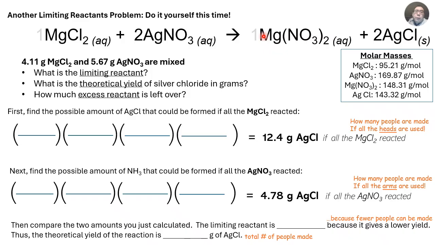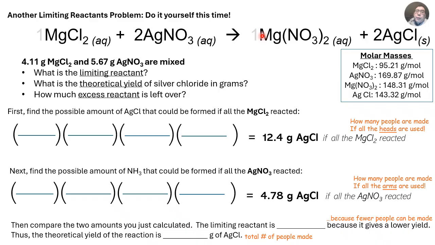Magnesium chloride reacts with silver nitrate to give us magnesium nitrate and silver chloride. This is a precipitation reaction, right? So we could use this for example, in a gravimetric analysis, something like that. Okay, and so the problem is 4.11 grams of magnesium chloride react with 5.67 grams of silver nitrate, and we want to find the limiting reactant, the theoretical yield of silver chloride, and the excess reactant.